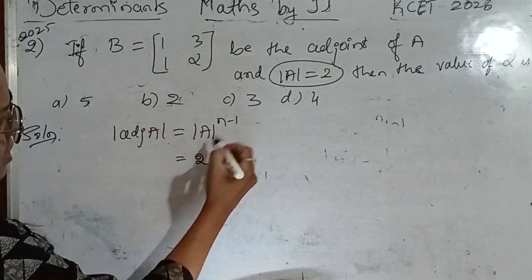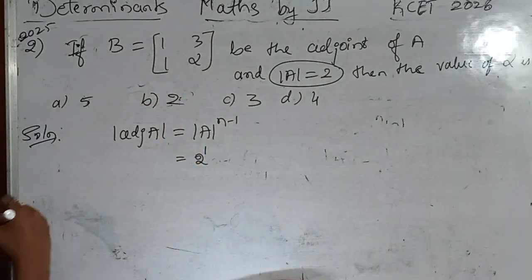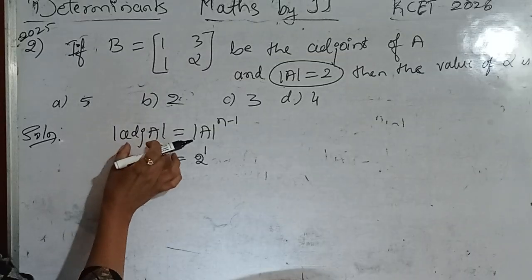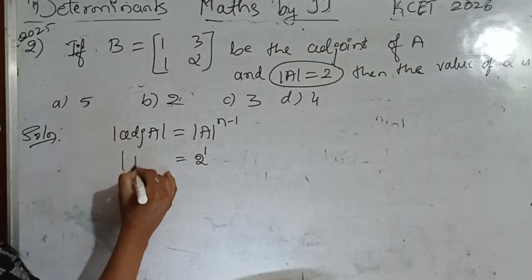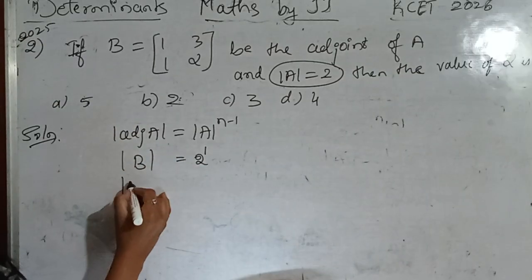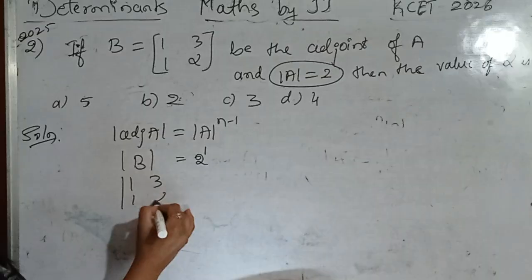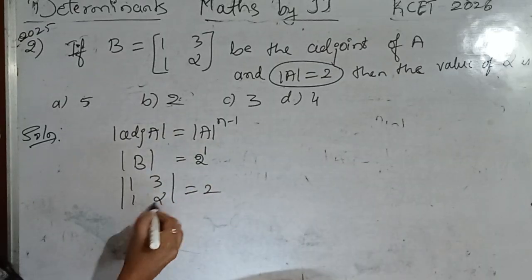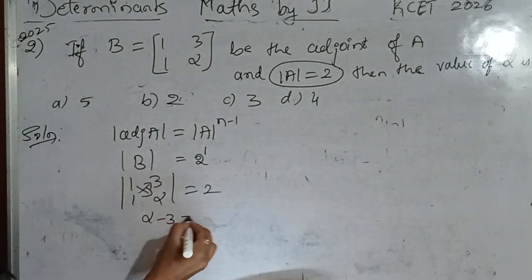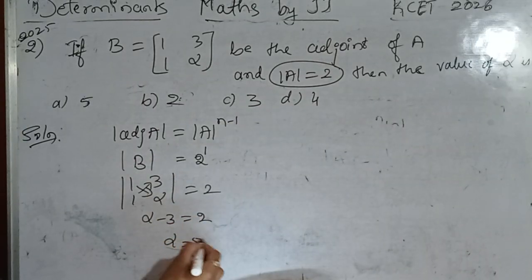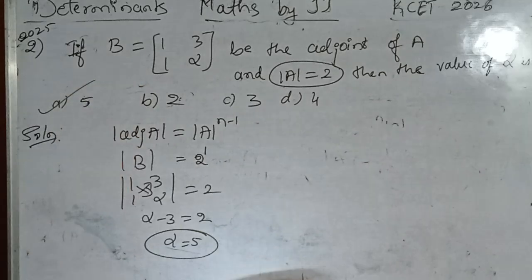The order of the matrix is 2, so 2 minus 1 is 1. Then what is the adjoint of A? Which is nothing but your B matrix. So I take its determinant. Determinant of 1 3 1 alpha is equal to 2. Now take the evaluation of the determinant: alpha minus 3 is equal to 2. Hence alpha is equal to 5. That is option number A.